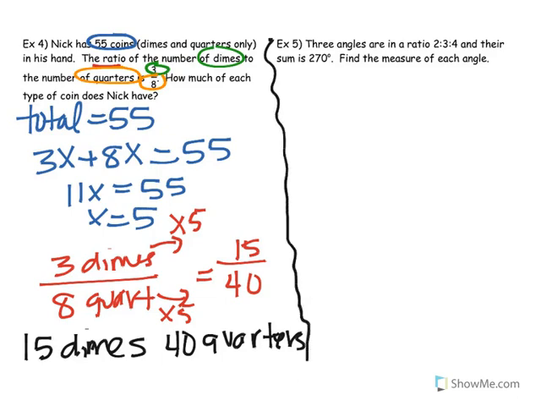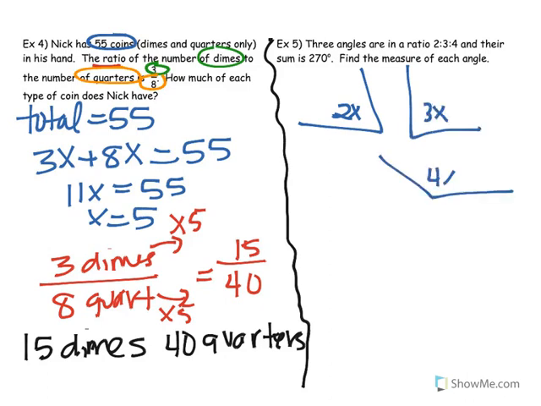All right? We can use this approach to help us solve geometry type problems as well. So 3 angles are in the ratio 2 to 3 to 4, and their sum is 270. Okay? So I have 3 angles. One is 2 times some number, the other is 3 times some number, and the other is 4 times some number.